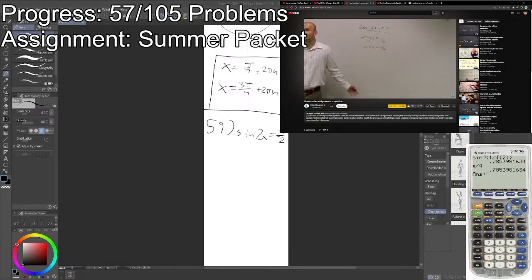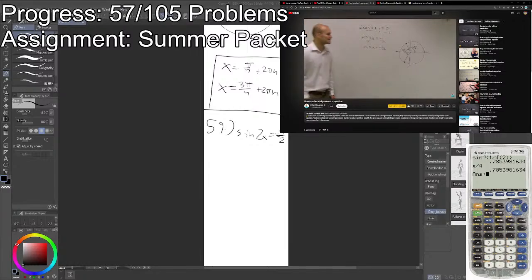Then I need to see what values work for when cosine of x equals -1/2. So I'll think about my unit circle. I know at this angle and this angle, that's going to be 2 pi over 3, and this angle is 4 pi over 3.